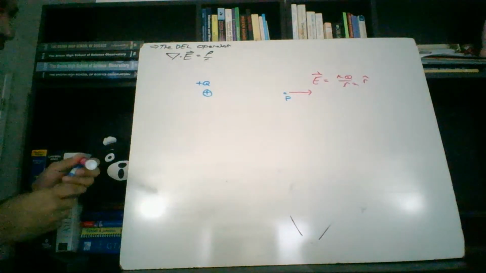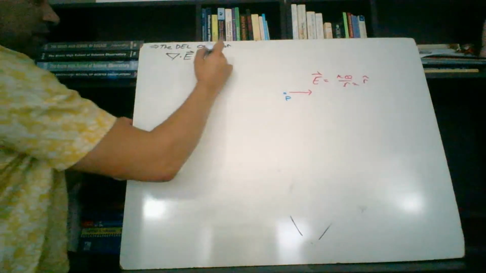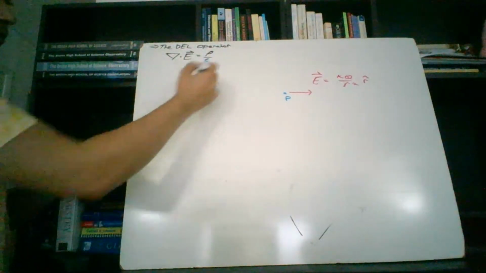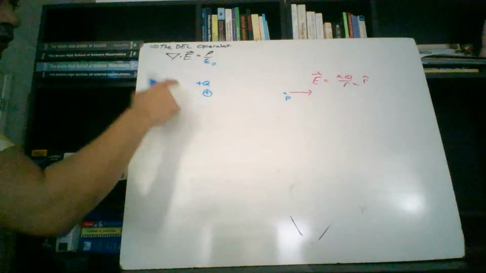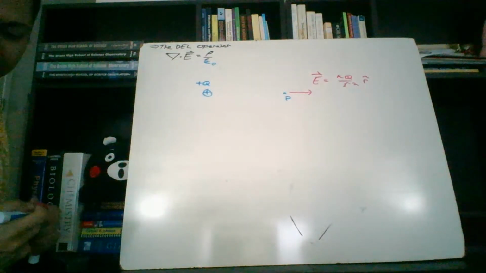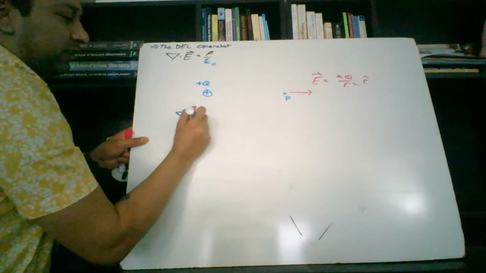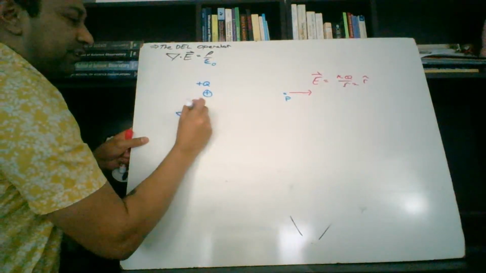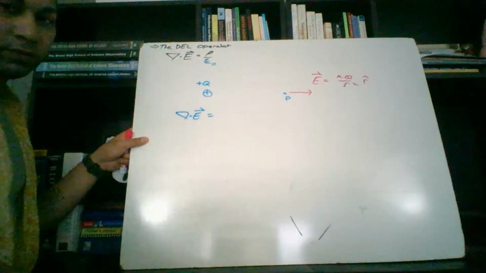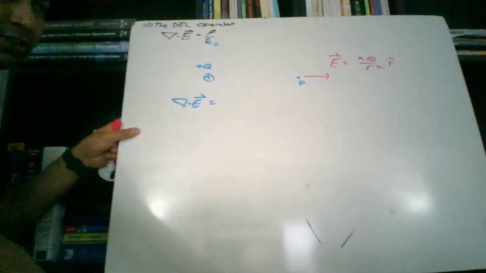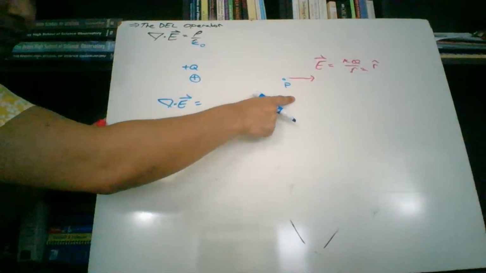We want to know what the divergence is. I forgot to put the epsilon here. Let's put that back there. We want to know what the divergence of this is equal to. So we just write down our formula. The divergence of the electric field is going to equal, and this is pretty straightforward, it's only moving in the x direction here.